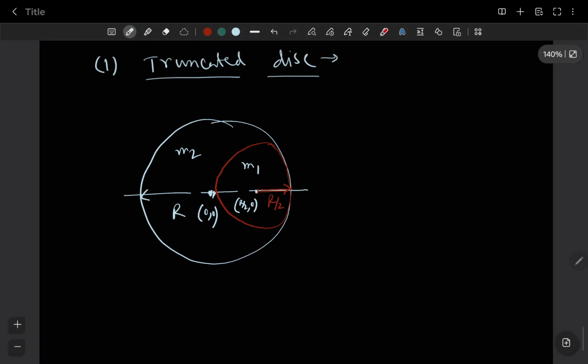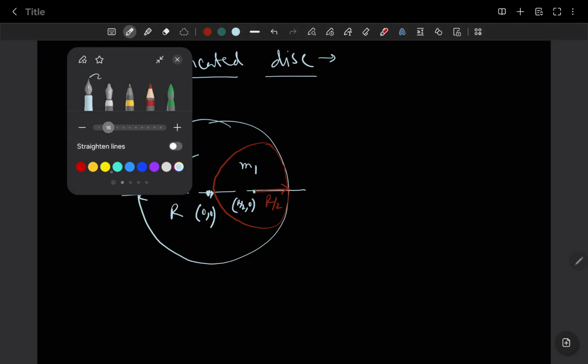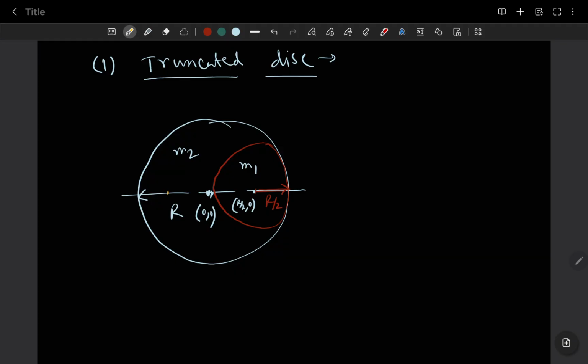And we don't know the center of mass of the rest of the disk, so let us put it here at x0.